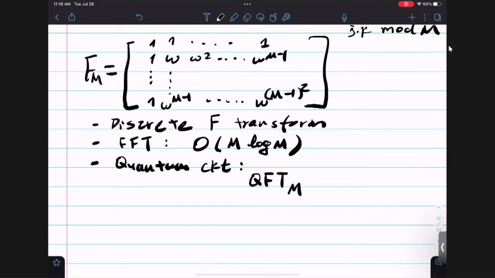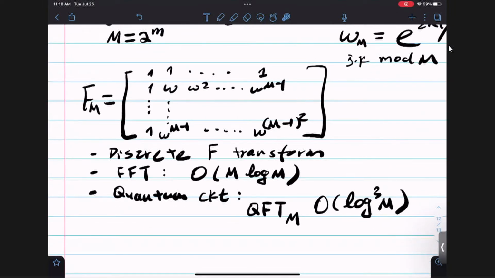If I wish, I use a subscript M here as well. And the quantum Fourier transform circuit actually has complexity big O of polylog in M. As you can see, there is already an exponential improvement.